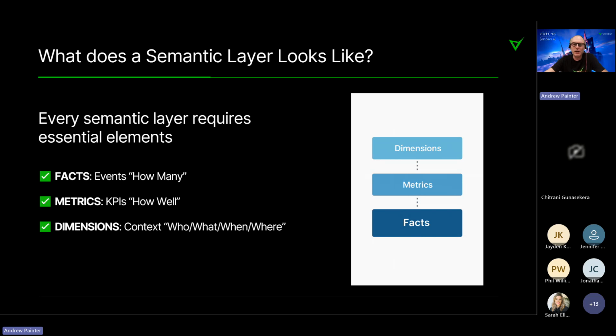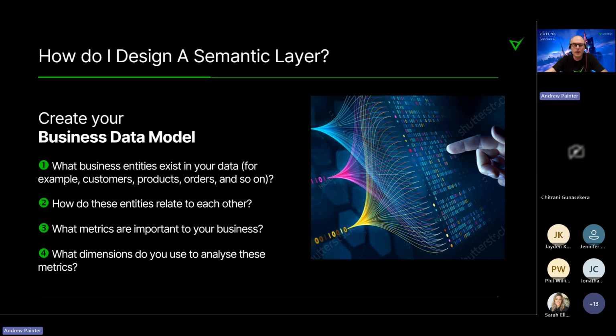But let's have a quick look at how we go about building out a semantic model. What's the process that we're going through? If we think about our simple example in retail, how do we build this out?